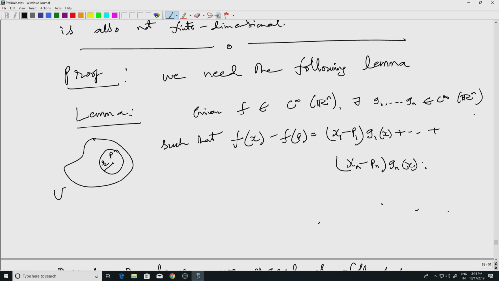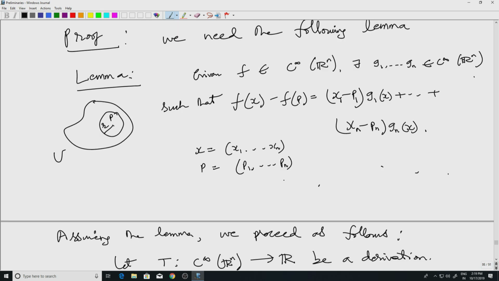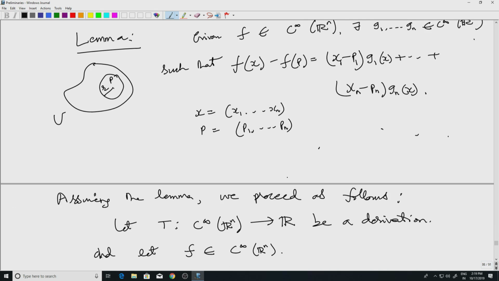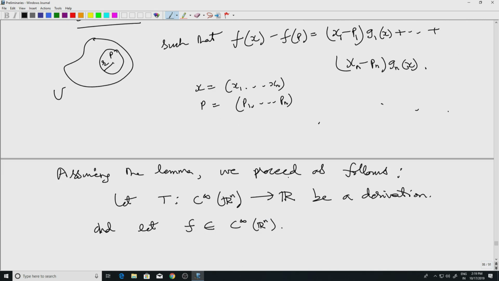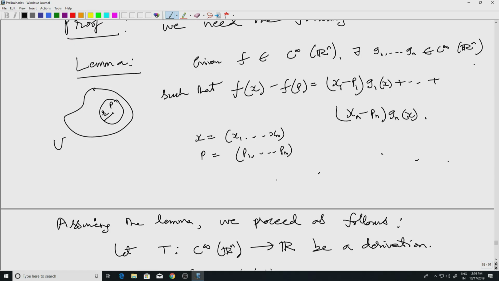Here, of course, as usual, xi denote the coordinates of x and pi denote the coordinates of p, such that two things happen.